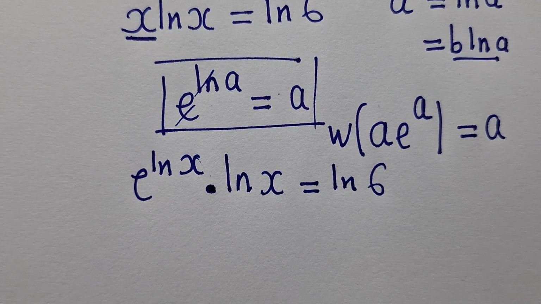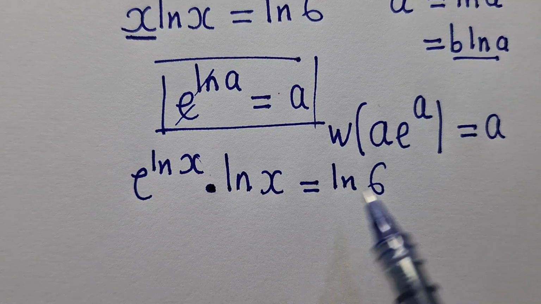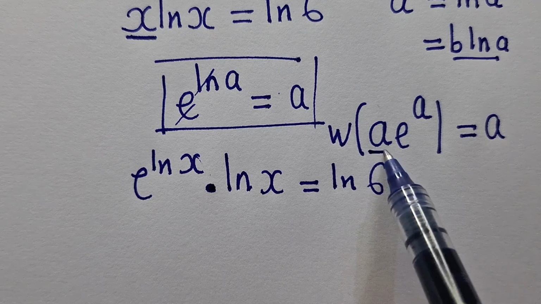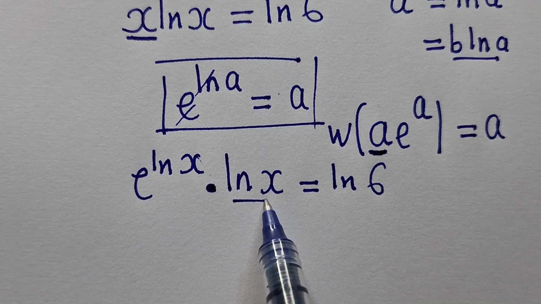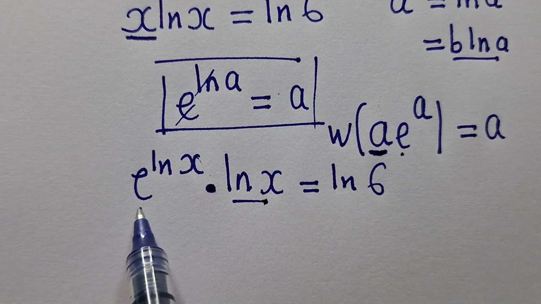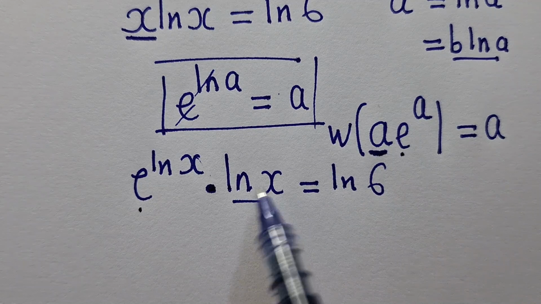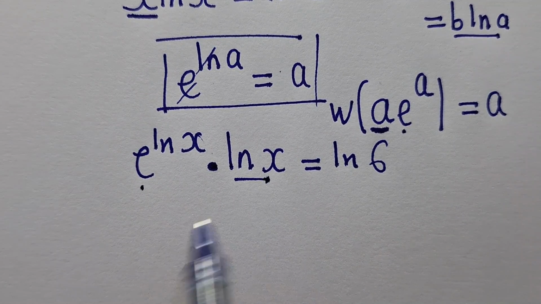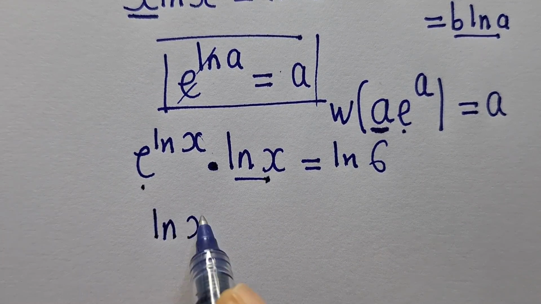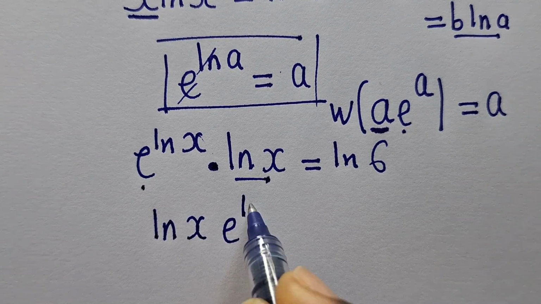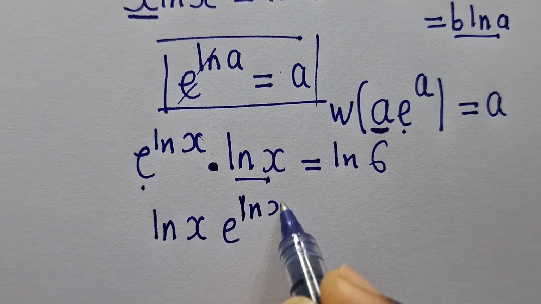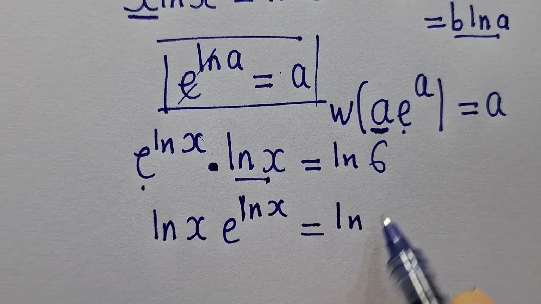So now from here, you can see that it's moving a little bit closer to this. We have got a coefficient, and we've got e, and the power, which is equal to the coefficient. So we can write this as ln of x, e to the power ln of x is equal to ln of 6.